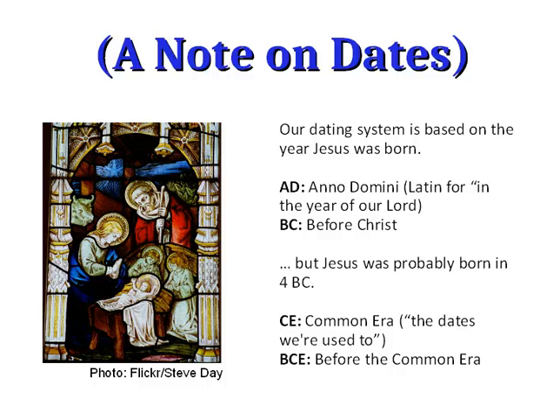Refer to them as the Common Era and before the Common Era. So the Common Era essentially is the dates that we're used to that are based on a mistaken estimate of when Jesus was born, and then before Common Era, before the dates that we're used to. So you'll see me using the terms CE and BCE throughout this course rather than AD and BC.